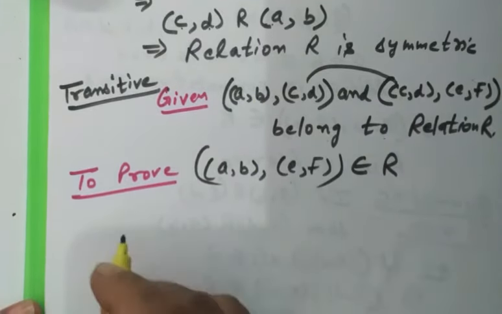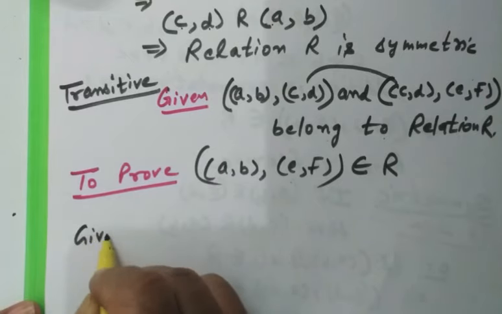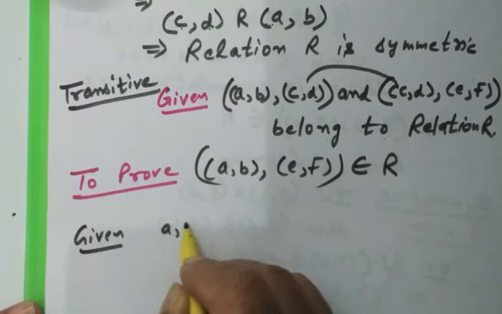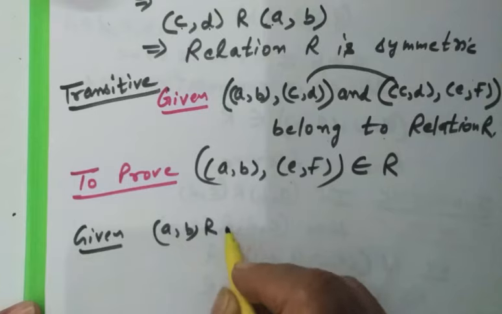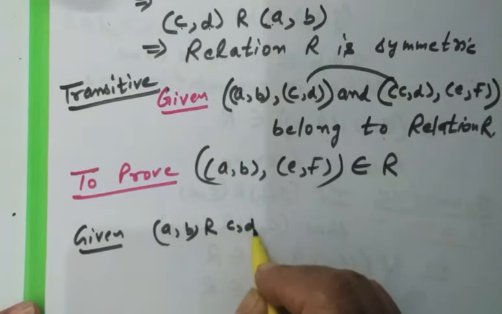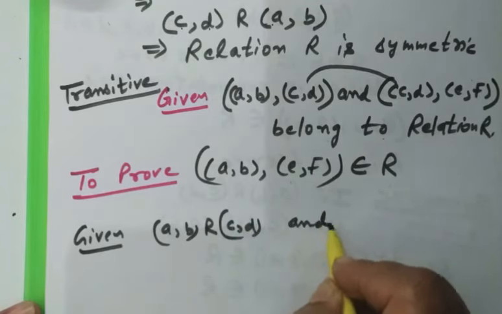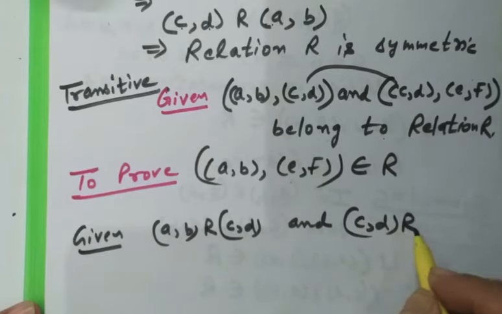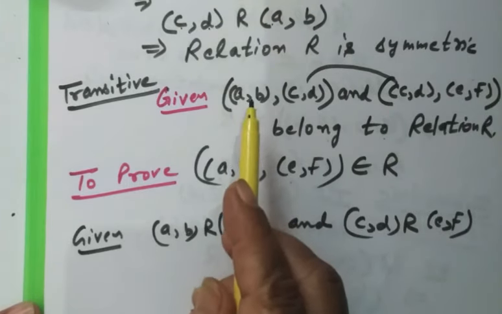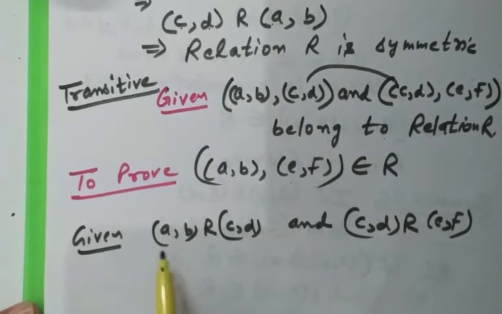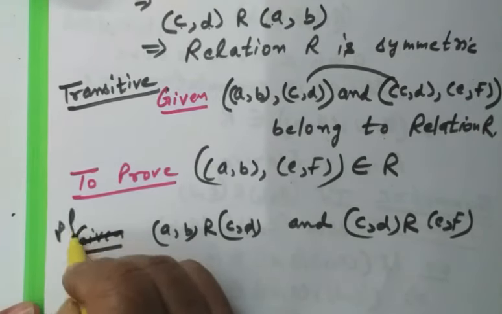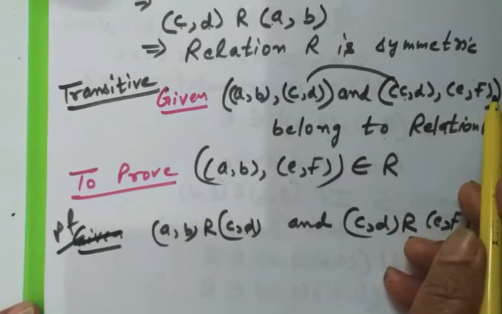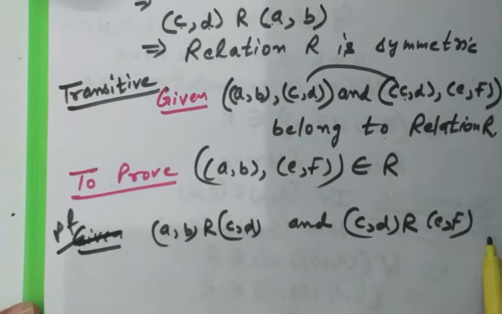In other words, you can say that it is given to you that AB is related to CD and CD is related to EF. Because it is written that ABCD belongs to R, that means AB is related to CD. CDEF belongs to R, that means CD is related to EF.